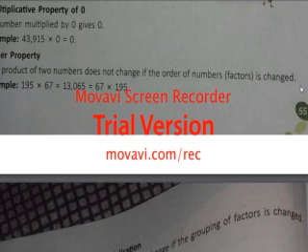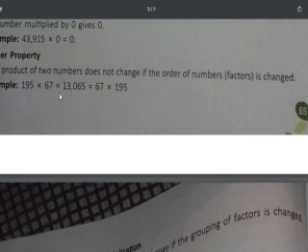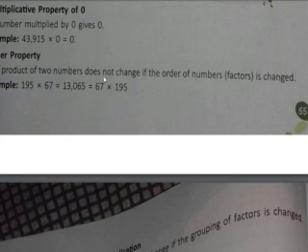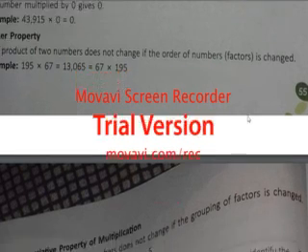When the order changes, there is no change in the result. In the example, 195 into 67 becomes 13,065. In the same way, when we multiply 67 with 195, their places have changed, but the result is also 13,065. This is the order property of multiplication.